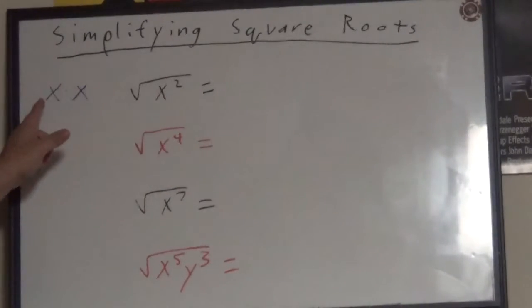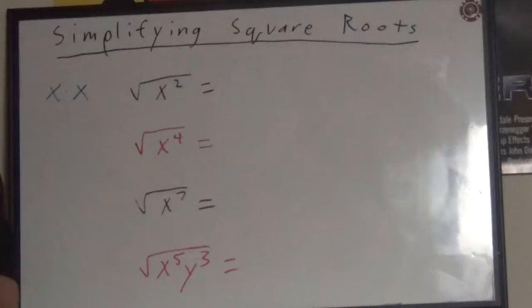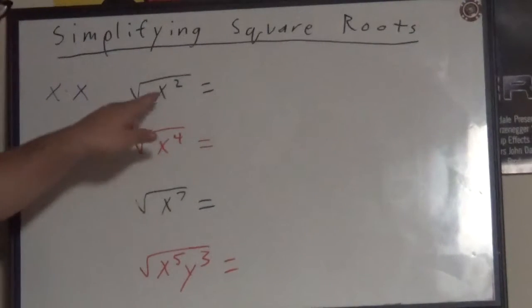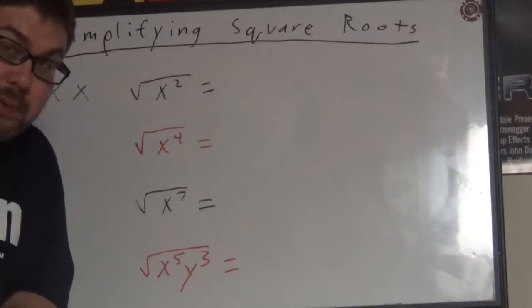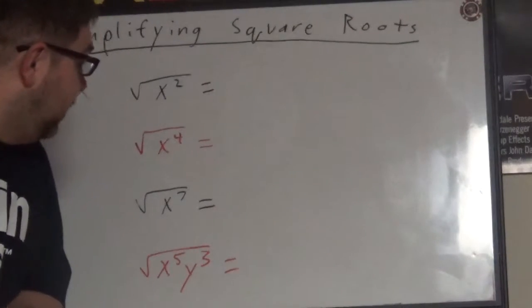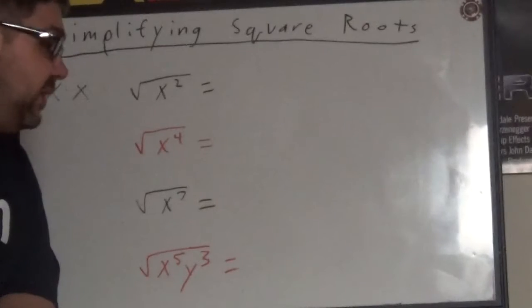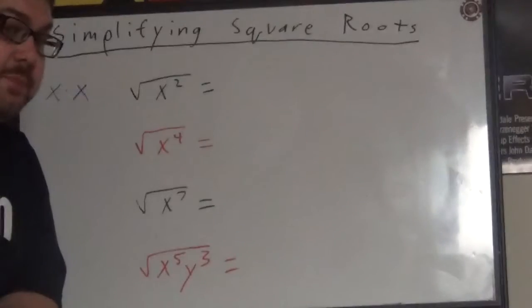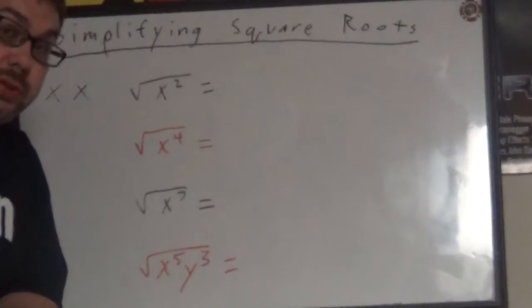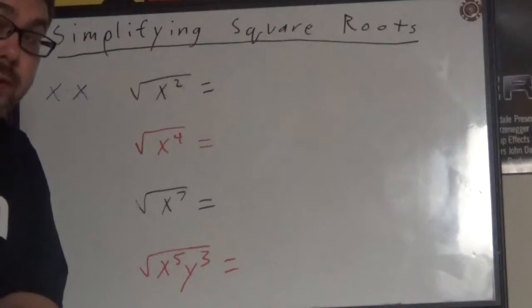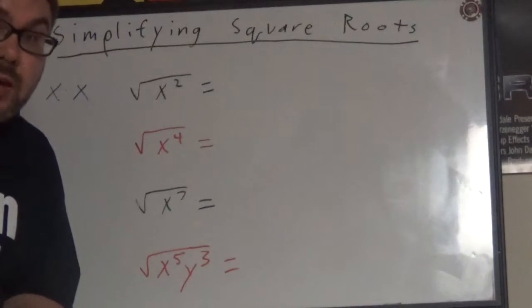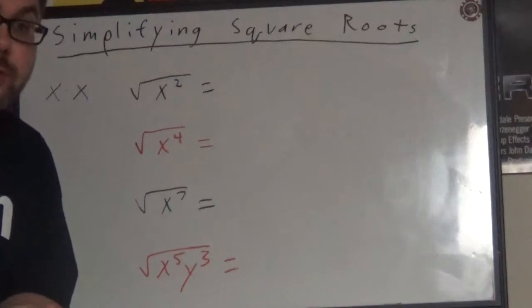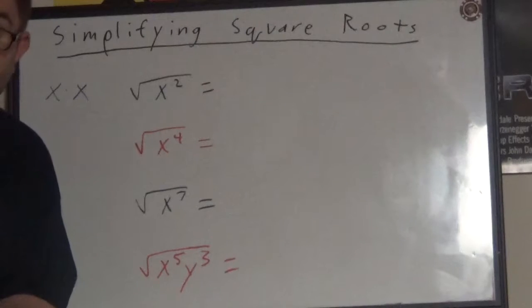The exponent is the number of times that the base, in this case the variable x, is being multiplied by itself. So x squared is x times x. The square root is undoing an x squared. So, for instance, if 5 times 5 is 25, the square root of 25 is 5.